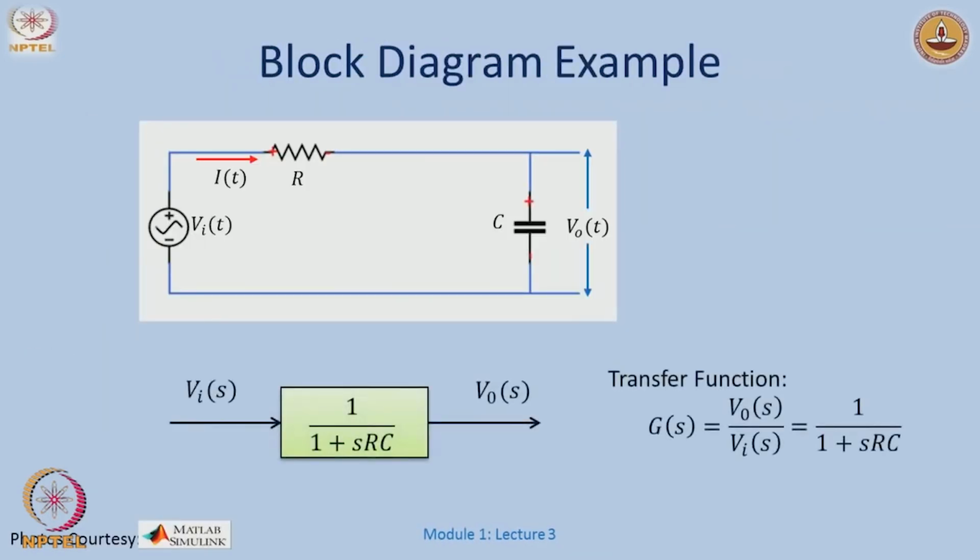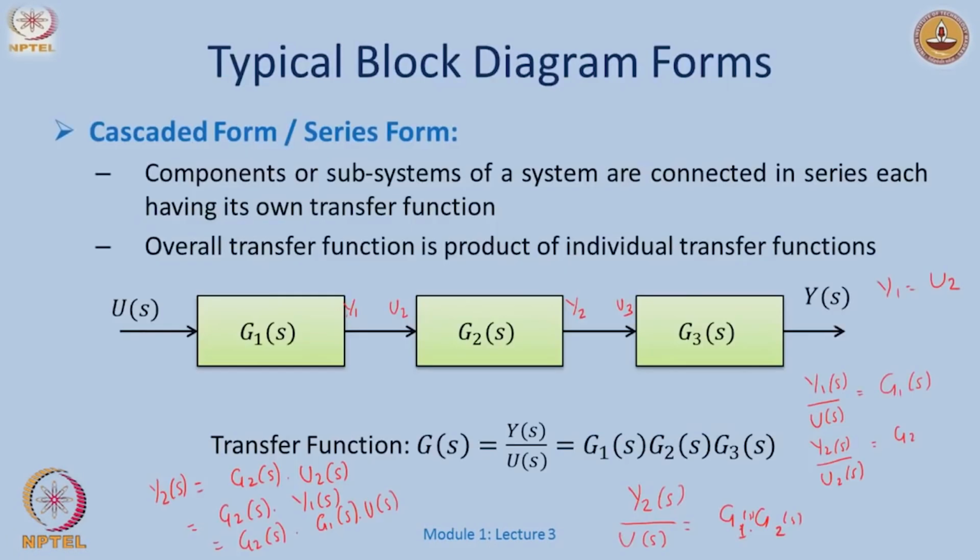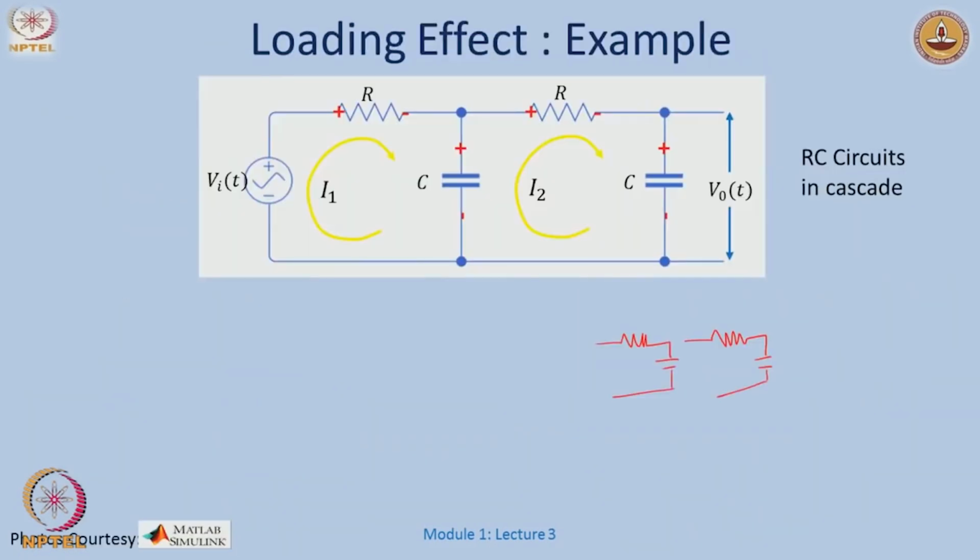So, this looked like something like this, 1 over 1 plus S times RC. So, the transfer function of the first one would be 1 over 1 plus S R C. The second one would be the same, 1 over 1 plus S R C.